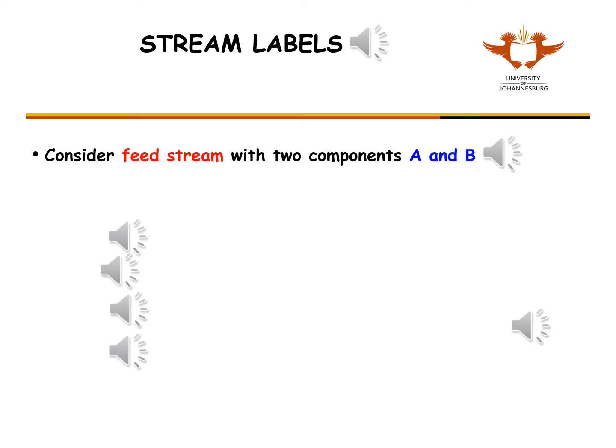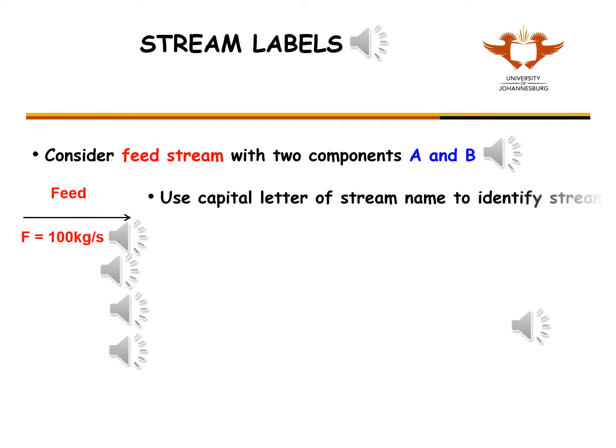This slide will show you how to label streams. An example could be a mixture of hydrogen and nitrogen gas. This feed stream, F, has a flow rate of 100 kilograms per second.